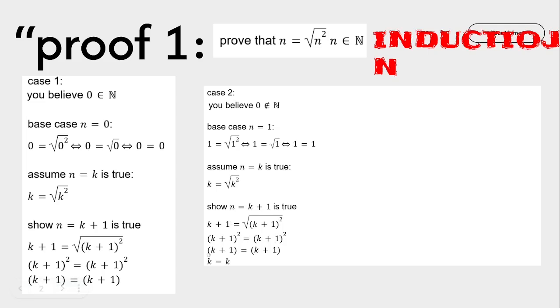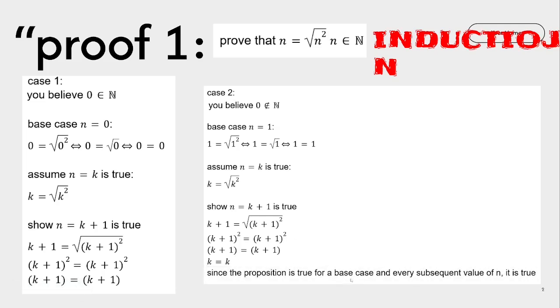And if you, once again, do the algebra, you square both sides, get rid of that square root, get rid of that squared, and then subtract 1 from each side, you get k equals k, which is true, meaning that since the proposition is true for a base case and for every subsequent value of n, in both cases, it is a true proposition.